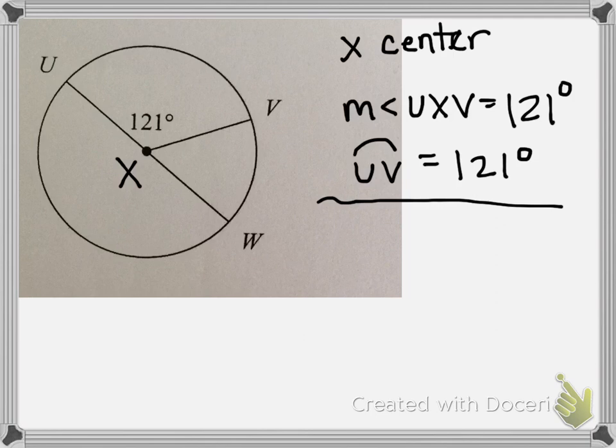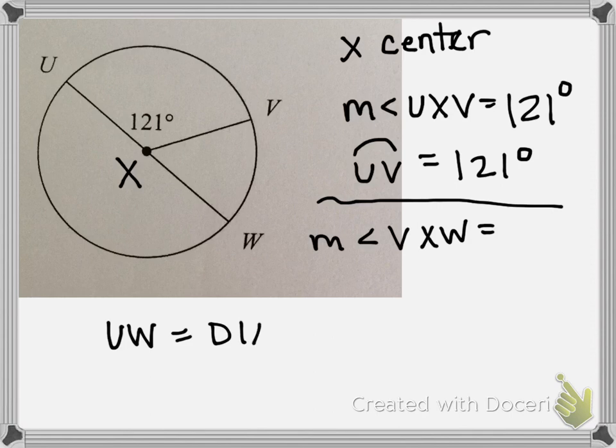Let's say I need to figure out how big angle VXW is. Well, you have to recognize some things. You have to recognize that UW is called a diameter, and a diameter cuts a circle in half.